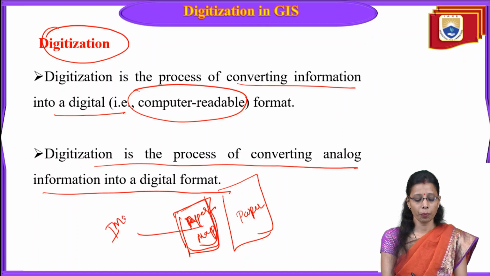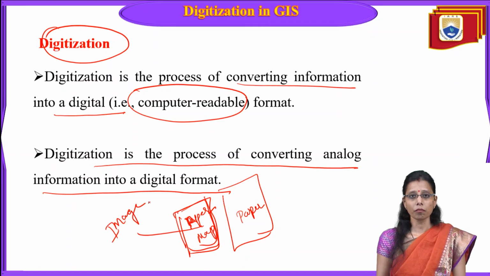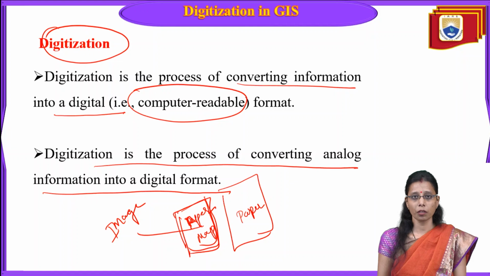A paper is like an image, right? We cannot change any information on the paper. So if you want to change the information, we have to convert it into digital format. That is called digitization. Converting an analog map or analog paper to a digital format is called digitization.